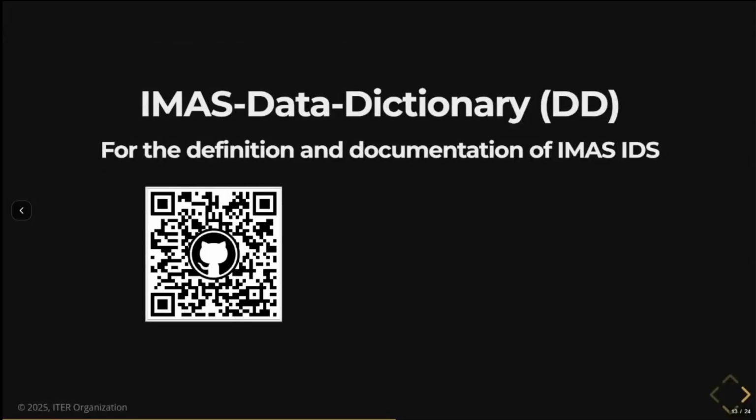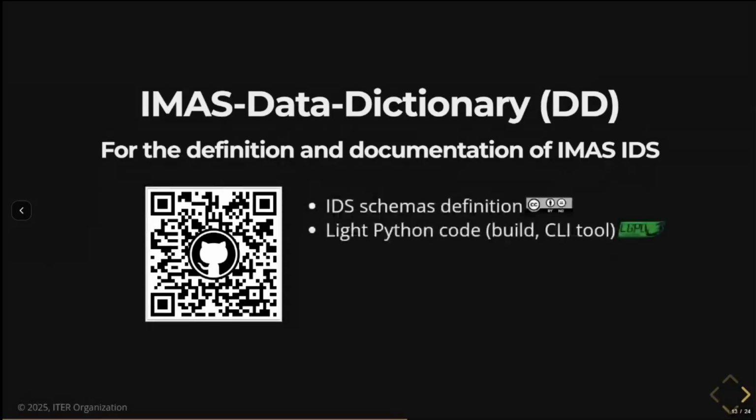So as I said, that's the core part of our infrastructure. It gives you all the definition and documentation of IMAS IDSs. There we have two different licenses. The IDS schemas definition itself is under a Creative Commons license with a no derivative clause.